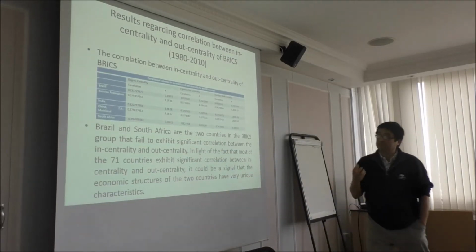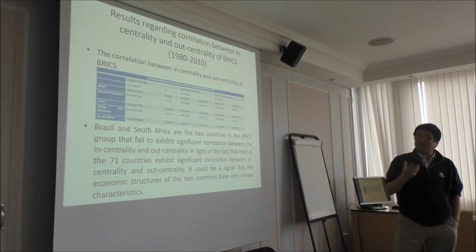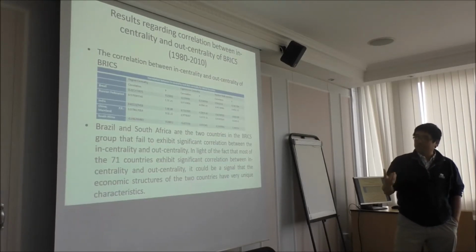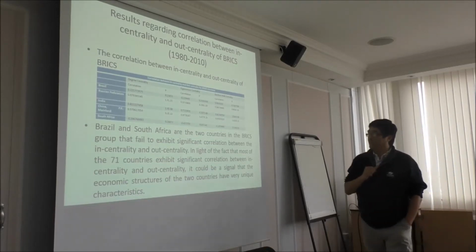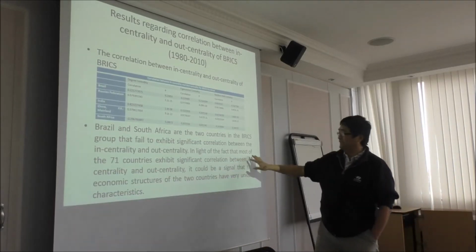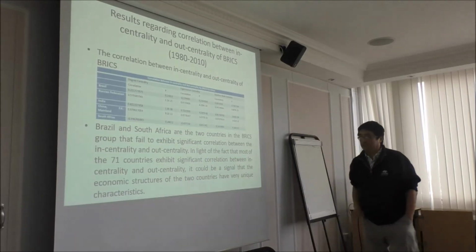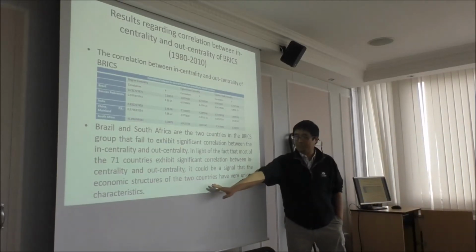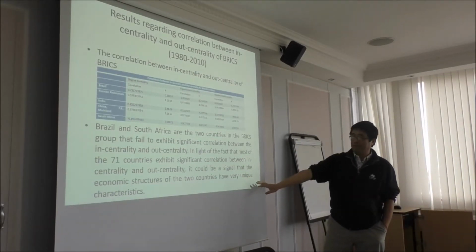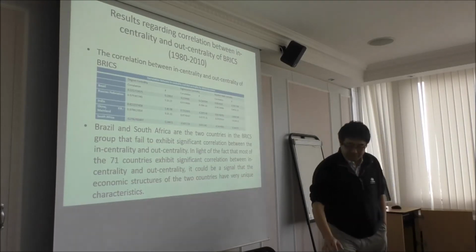Brazil and South Africa are the 2 countries that do not exhibit normal economic behaviors. So there's something out of the ordinary about these 2 countries. In light of the fact that most of the 71 countries exhibit significant correlation between in and out, it could be a signal that the economic structures of these 2 countries have very unique characters.